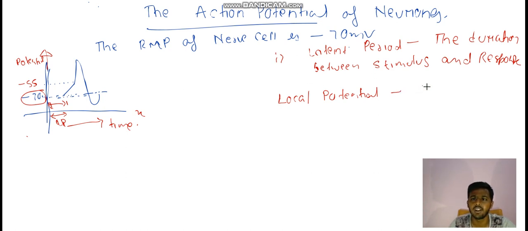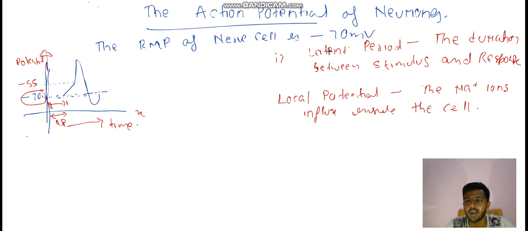So in the case of local potential, the sodium ion influx inside the cell, but these sodium ions which are going to influx inside the cell, it is very steady, very slow, because the cell is going to attain the threshold, the minimum potential which is required to start the action potential.